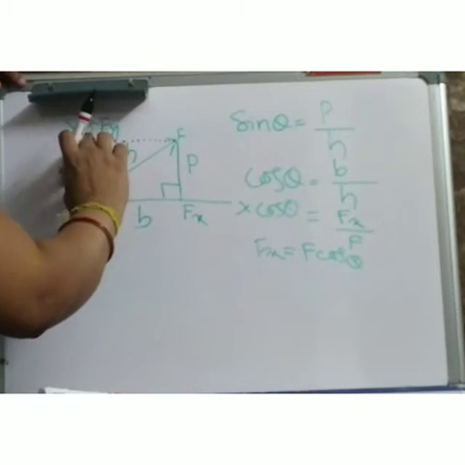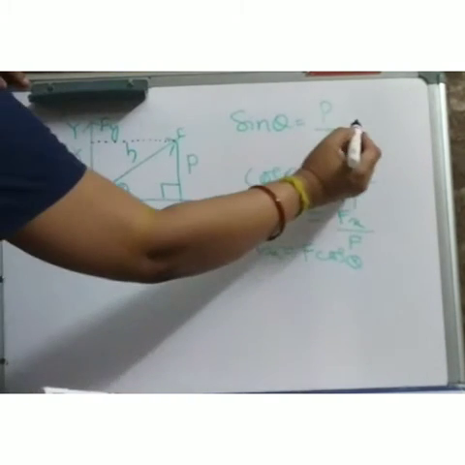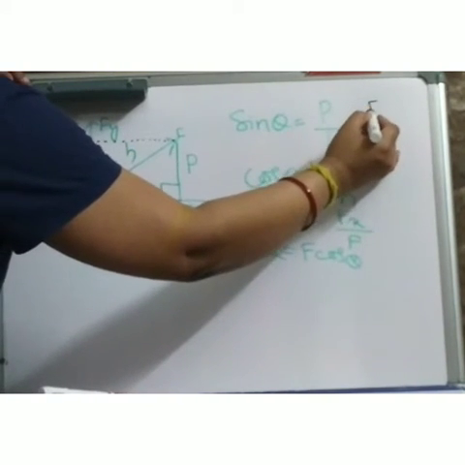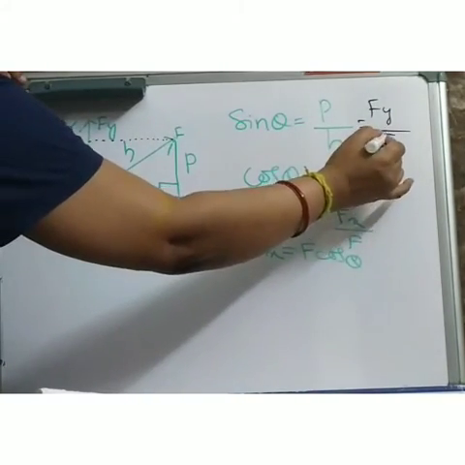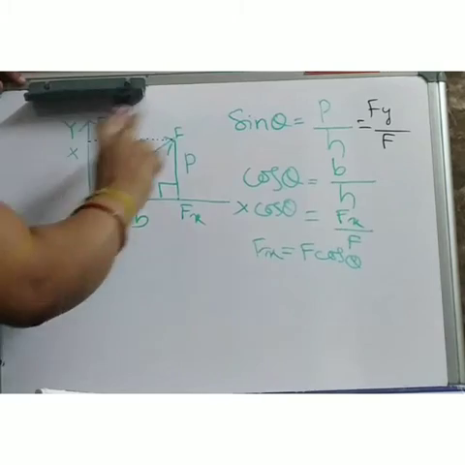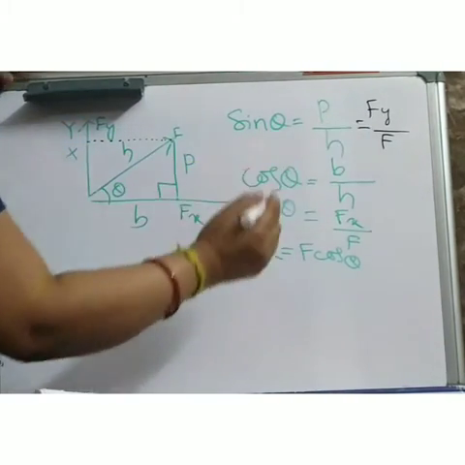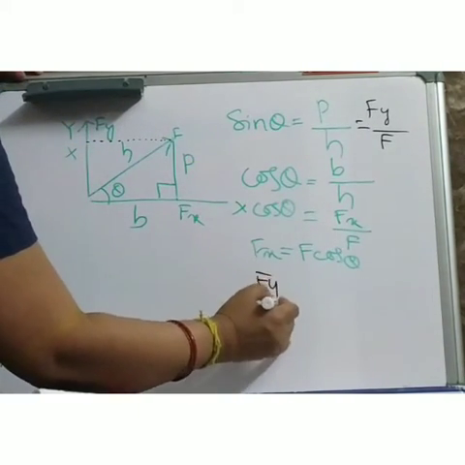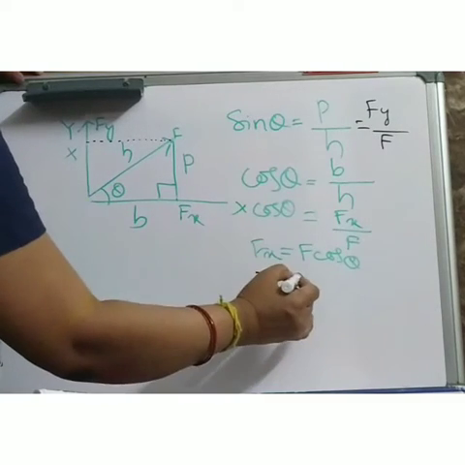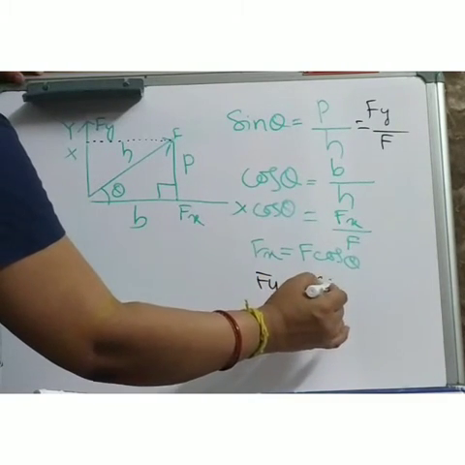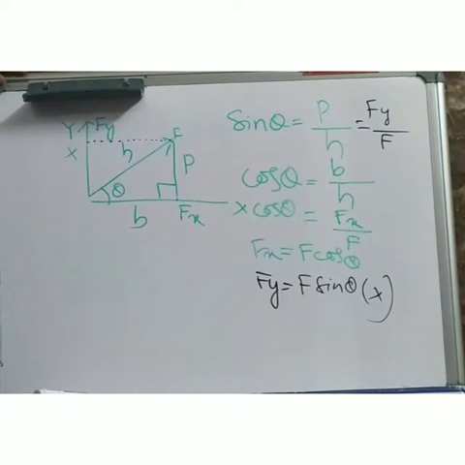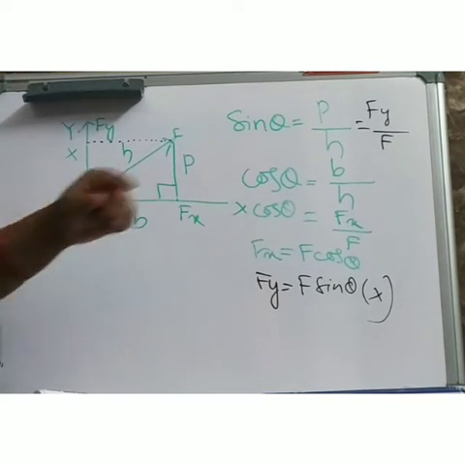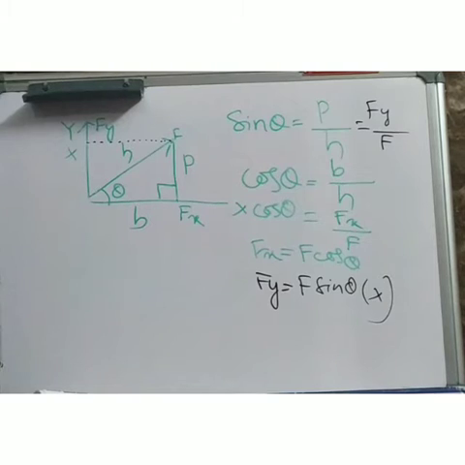Can I write Fy in place of P? So it will be Fy by H. H means F. So your y component will be Fy. Fy is equal to F sin theta. But we are not interested in this. Clear? We are only interested in this. Fx is equal to F cos theta.